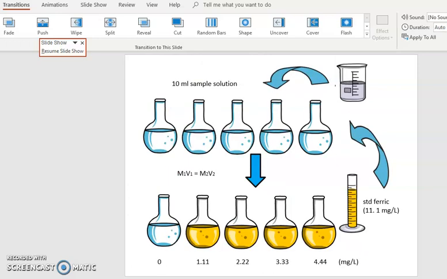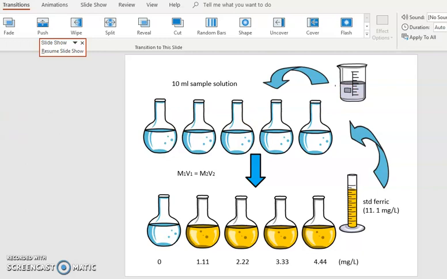First of all, this beaker contains the sample solution that is present with iron.